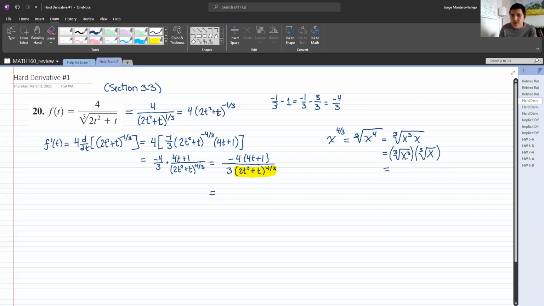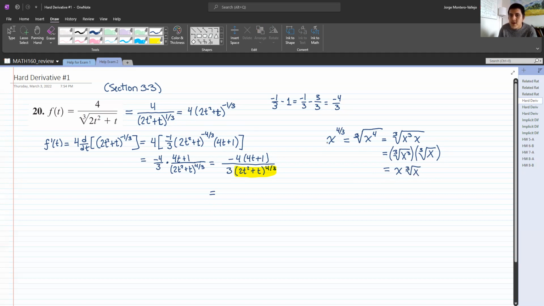Cubic root of something that is cubed, they cancel each other out, right? The cubic root and the cubic power cancel each other out. So I'm left with x only. And then here, it's just it. I cannot do anything to that cubic root. So I end up with x times cubic root of x.